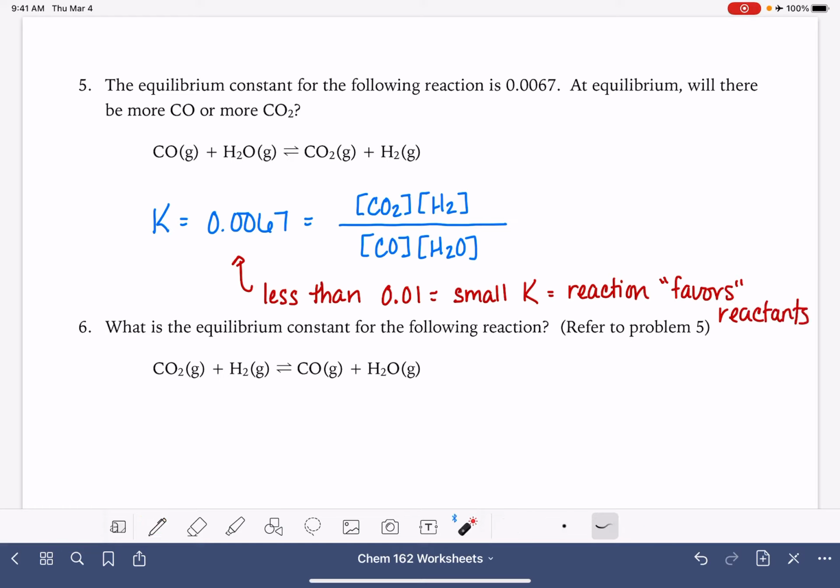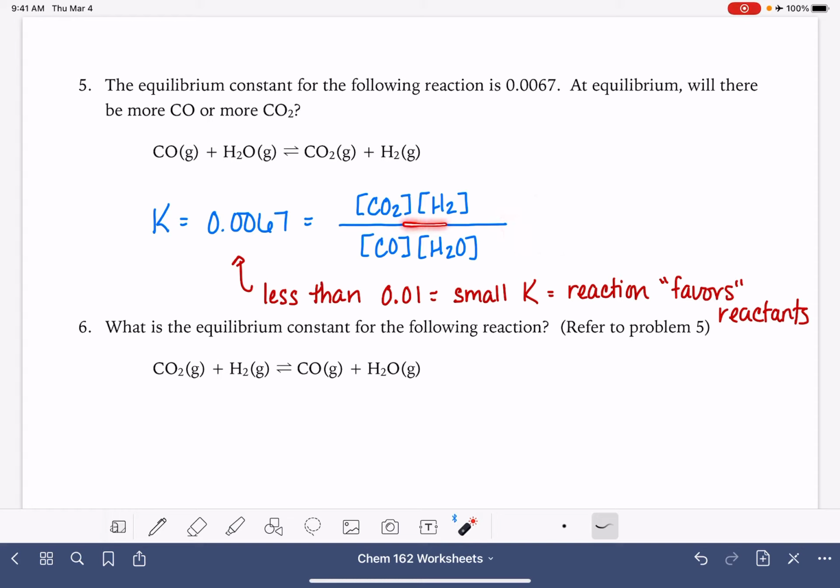Mathematically, this means that the amount of CO2 and H2 is very small compared to the amount of CO and H2O. If you think about just the math that's going on here, we're taking a small number and we're dividing it by a large number, like maybe 1 divided by 100, only it's even more significant than that, like 1 divided by 1,000.